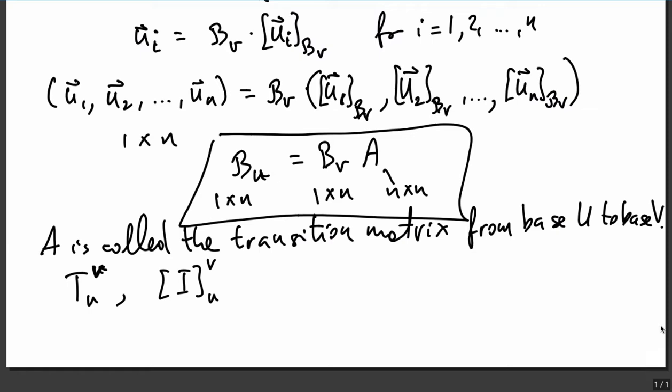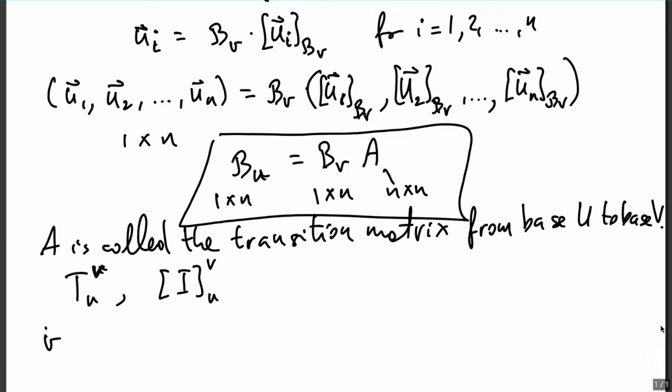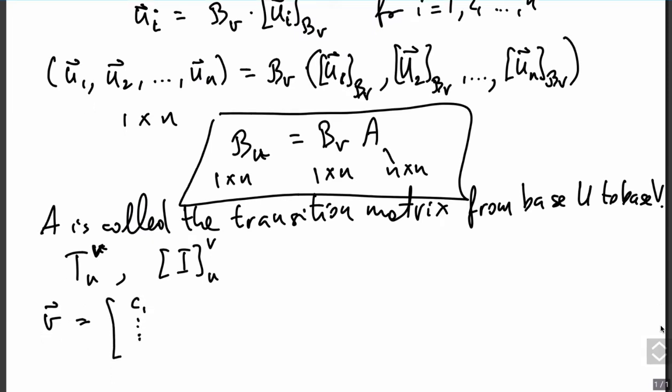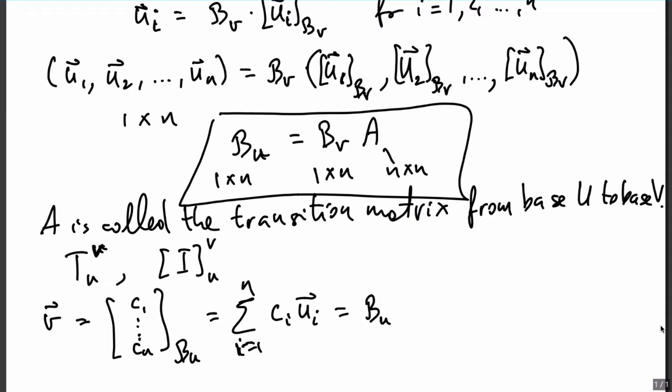The idea is that if you have, for example, a vector v represented in the U basis with coordinates C1 to Cn, that means that we can write v as a linear combination, sum for i going from 1 to n of Ci Ui, which we also wrote before as the BU basis, a row vector, times the C1 to Cn coordinate matrix.